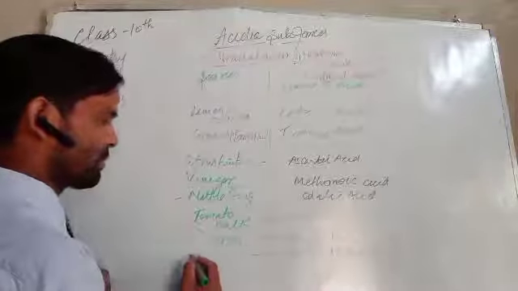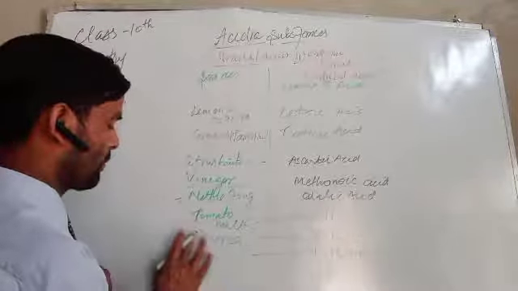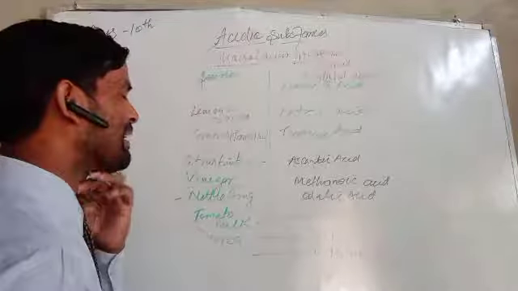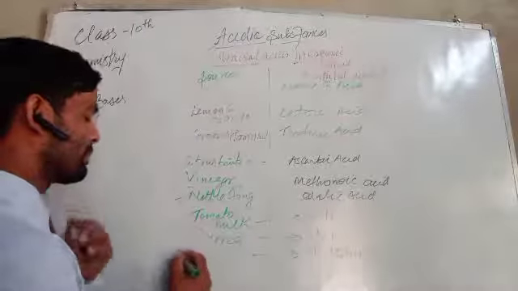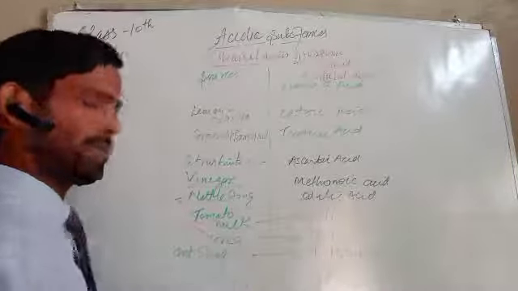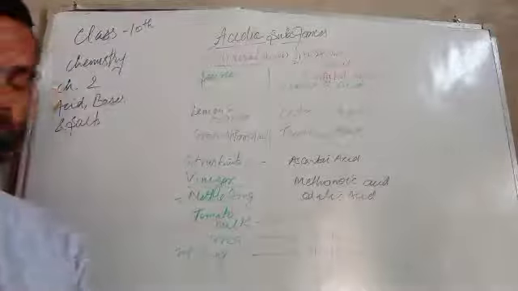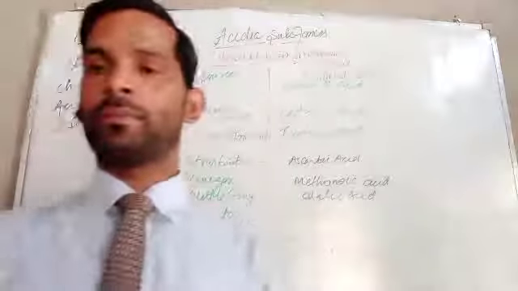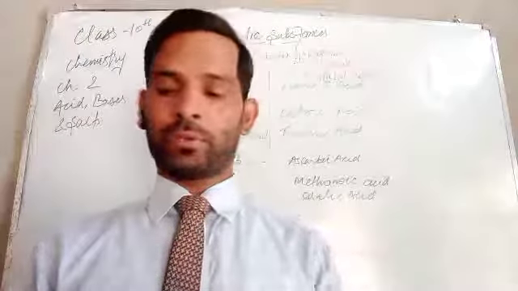Methanoic acid is produced by the intestines. This is all the types of acids that can be produced by the different sources.